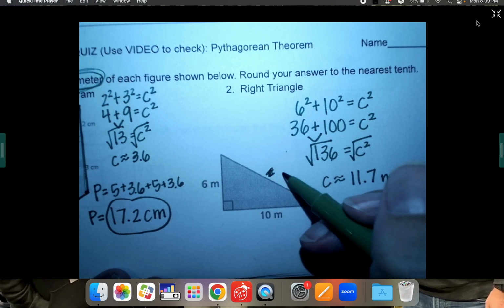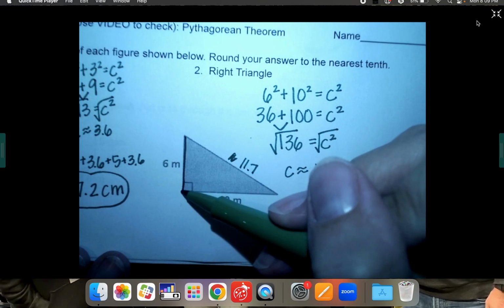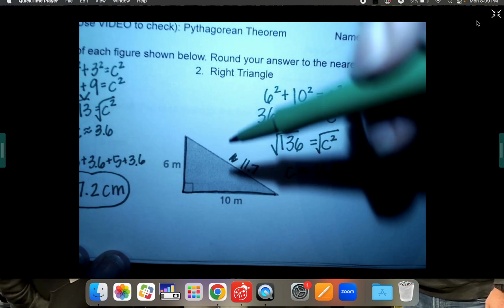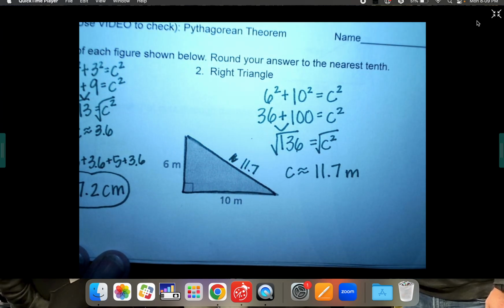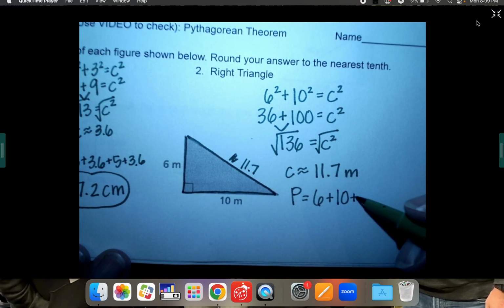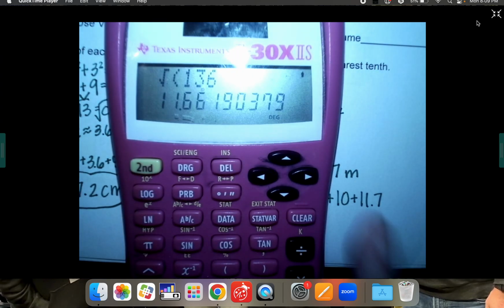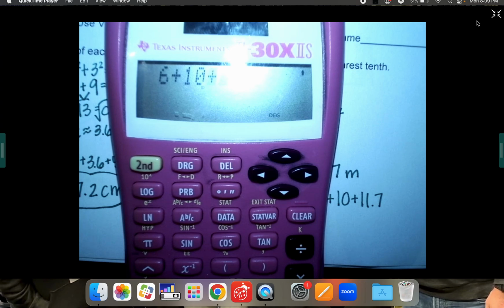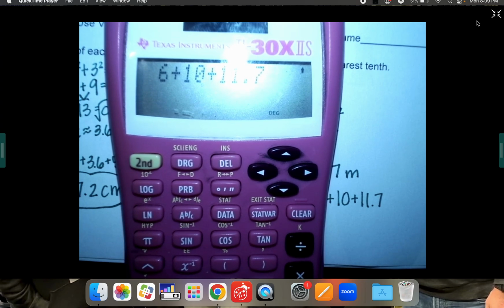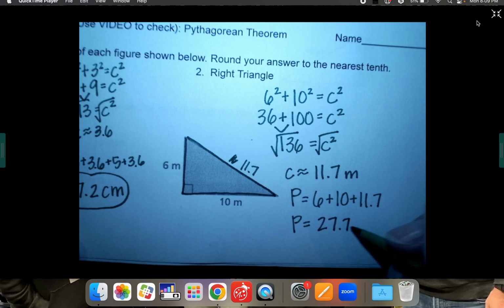So this is 11.7, and if we're finding perimeter, we need to do 6 plus 10 plus 11.7 because that's the whole distance around it. So the perimeter equals 6 plus 10 plus 11.7, 27.7 meters.